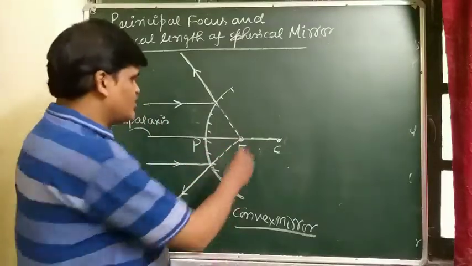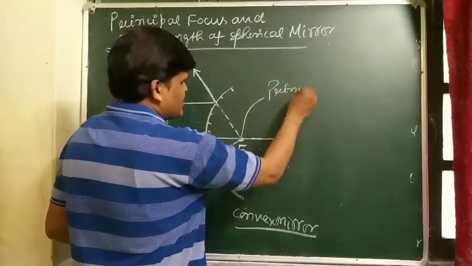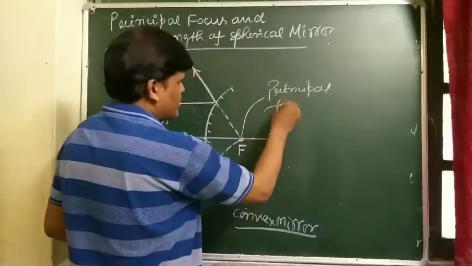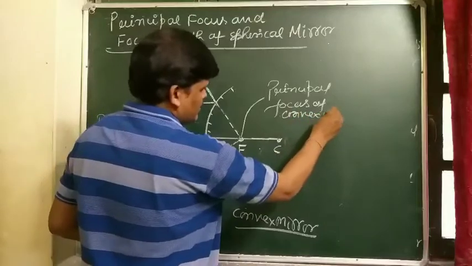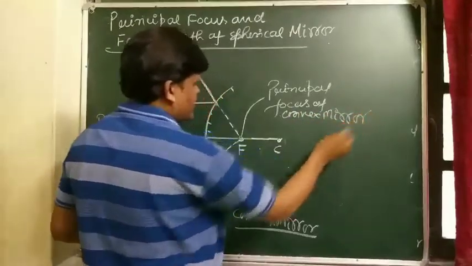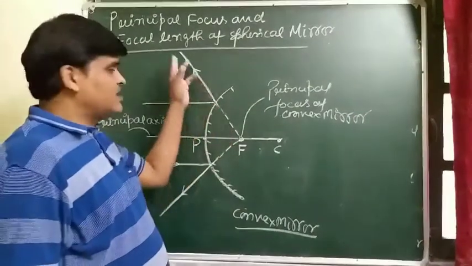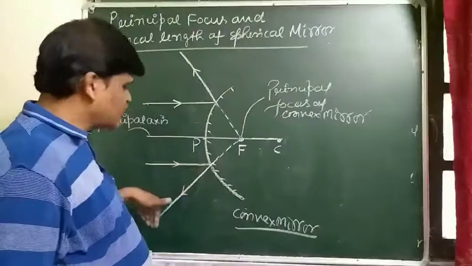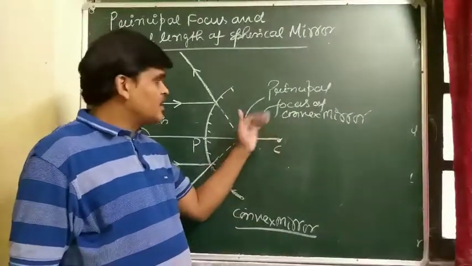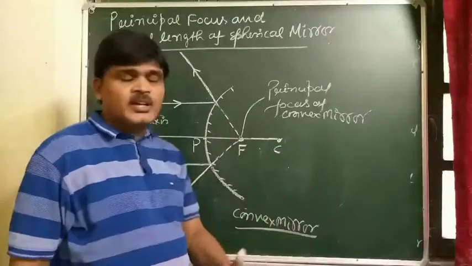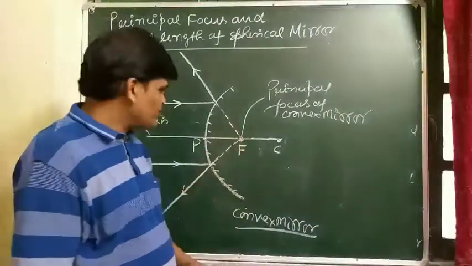This point is known as the principal focus of the convex mirror. And student, here a virtual image is formed because after reflection these two rays are not actually intersecting. They appear to meet at a point on the principal axis. So the convex mirror forms a virtual image which cannot be taken on the screen.